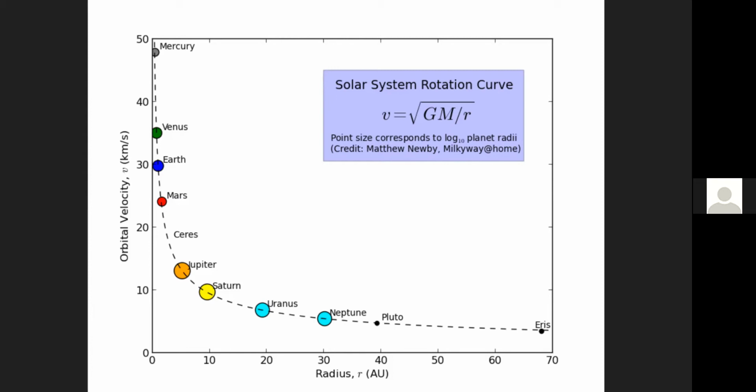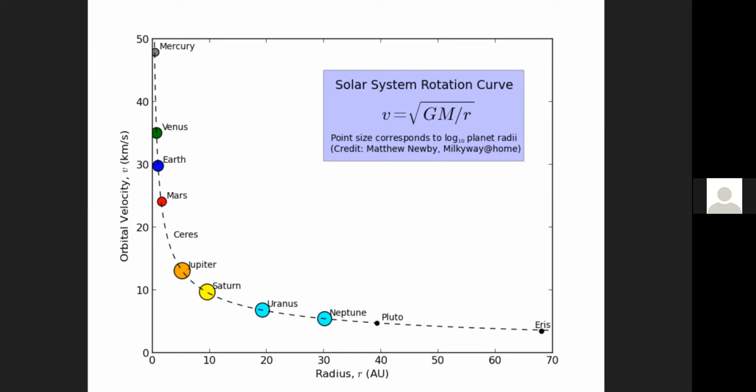The alternative is we had some invisible material in either a ring or a shell in between the Earth and Jupiter's orbit. That extra mass would then increase the gravitational field at Jupiter, and then its orbital velocity would have to be faster, and it could then equal the Earth's.